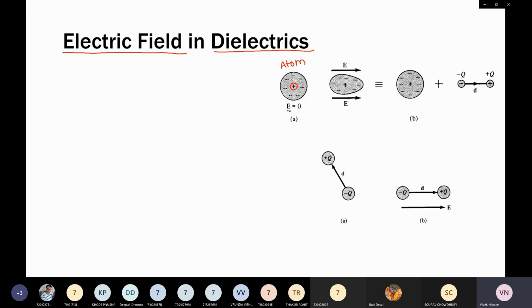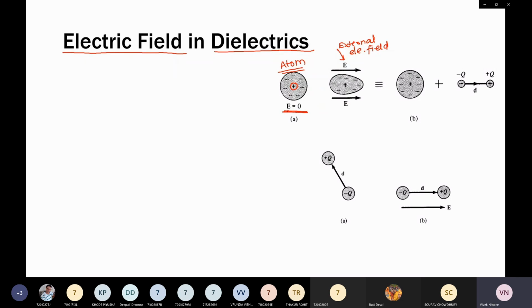So we can say that the electric field is equal to 0. But as soon as we apply an external electric field, this is the structure of an atom under the influence of the external field.